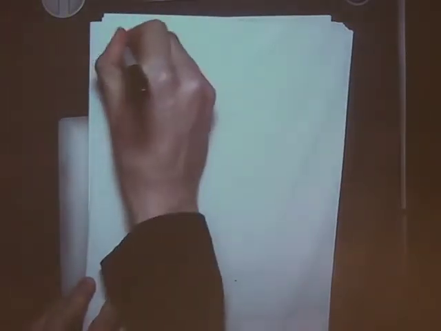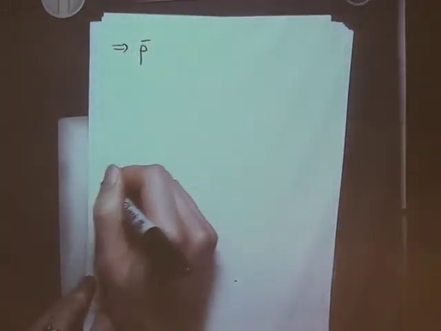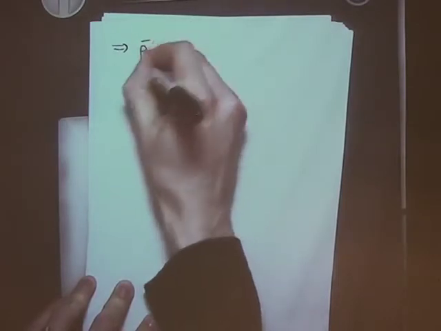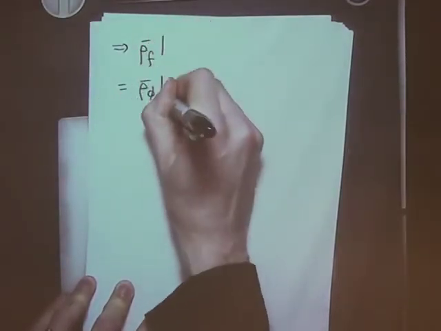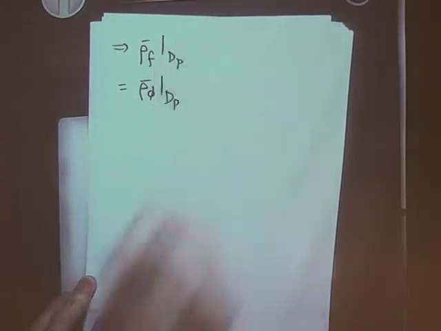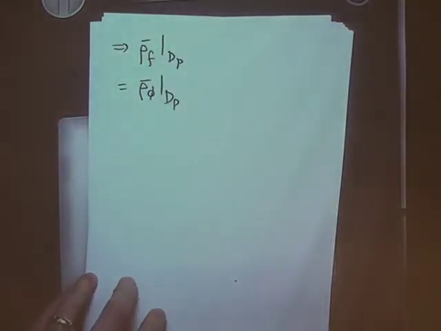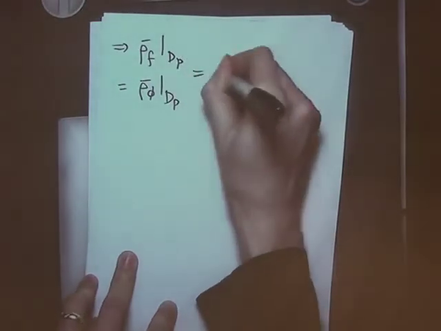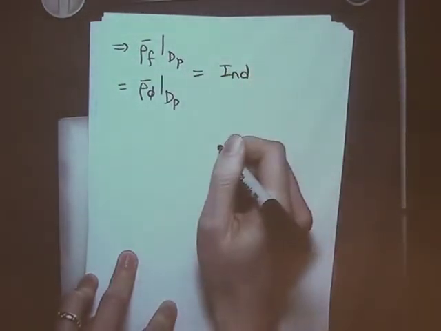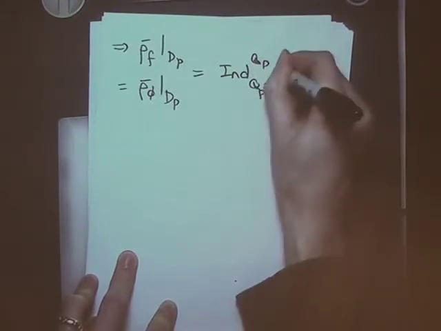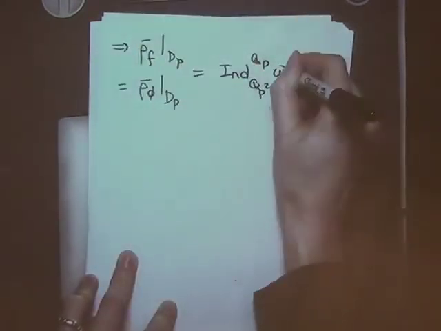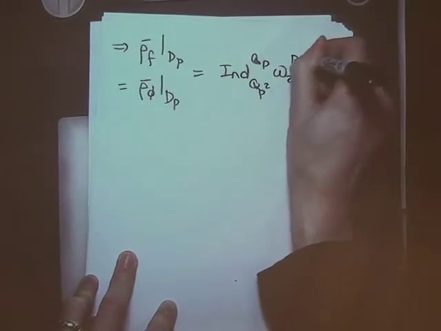You deduce that the representation mod P of F, which is therefore by congruence equal to this representation, restricted to D_P, is equal to, well, it's something very explicit. It's the induction from the quadratic extension of this tame character of level 2 to the power of P minus 2.